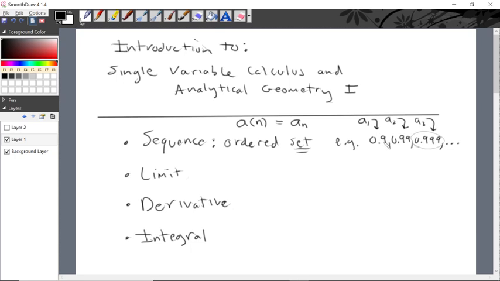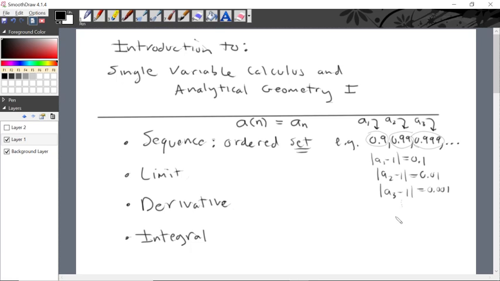If we stopped at the first term, the magnitude of the difference between a sub 1 and 1, the perceived value we are getting closer to, would be 0.1. The absolute value of a sub 2 minus 1 would be 0.01. The absolute value of a sub 3 minus 1 would be 0.001, and so on and so forth.